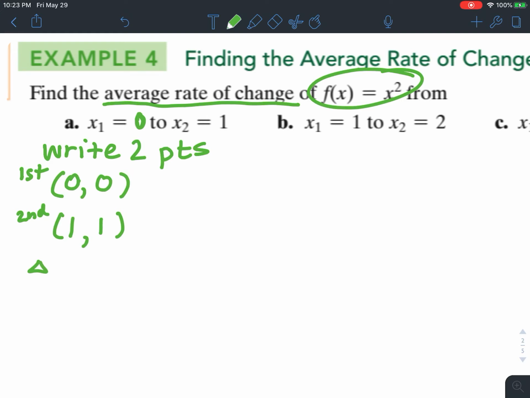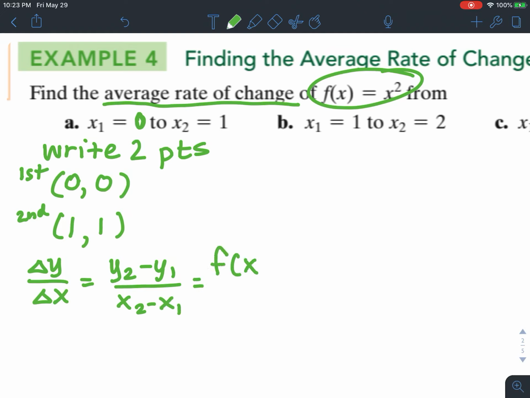So the average rate of change equals, so let's just start by writing y2 minus y1 because that's what you're familiar with. But then we're just going to slightly change it. I mean, what does f of x equal anyway?